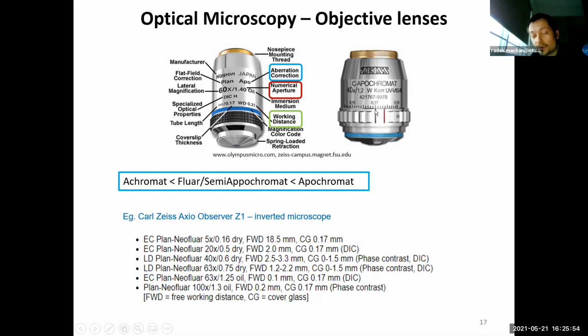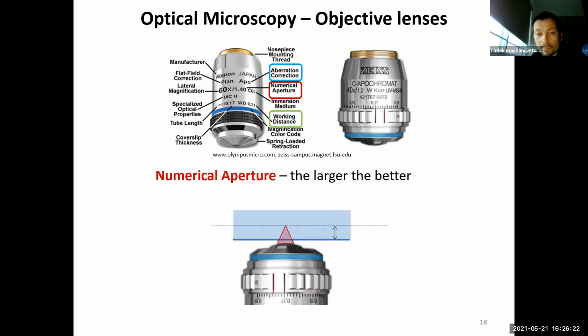That allows you to correct for different thickness of glass. That's why there's not one thickness, but a range. It's quite good to set the collar according to the thickness of the glass you are using, because it improves quite a lot the quality of the image and also the light collection efficiency of the objective.